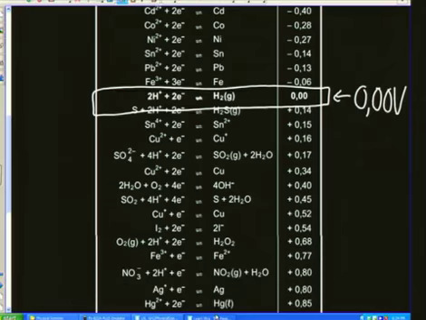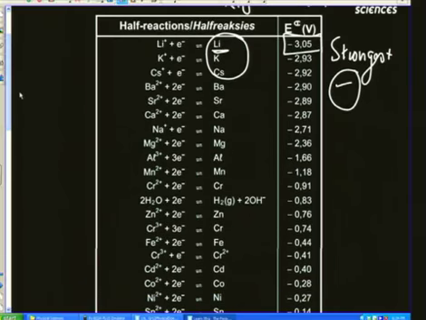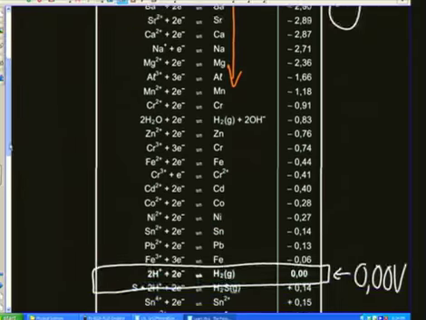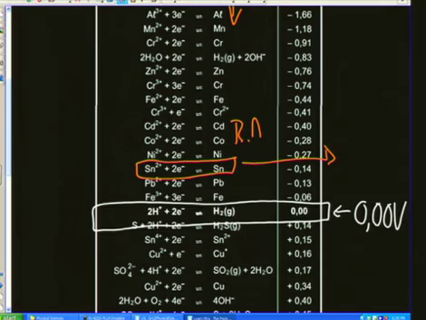So let's see, what's the relative position of tin and chlorine? The way I do it is I start at the top and I move down from the right. And I'm looking for Sn, my tin. And there I found it. You see, it's the first time I see Sn, and that is your equation. So we know that that's the reducing agent.